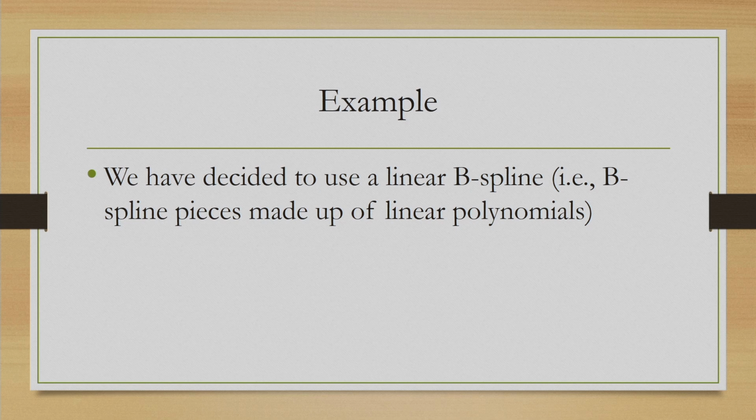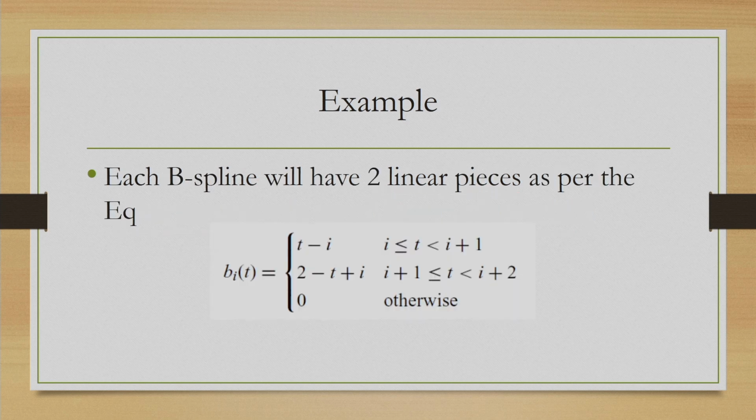Now, assume that we are using a linear B spline, that means B spline pieces made up of linear polynomials. Then each B spline will have 2 linear pieces as per the following equation. This is the B spline and these are the linear pieces defined within range of t.